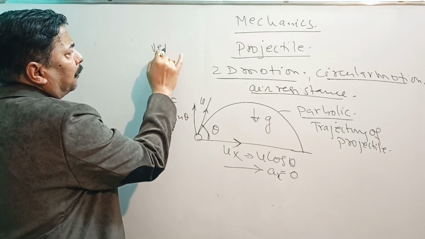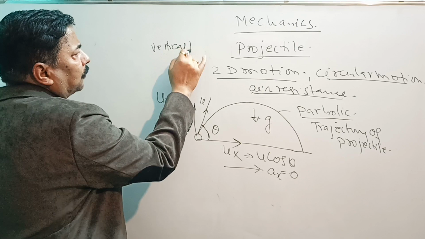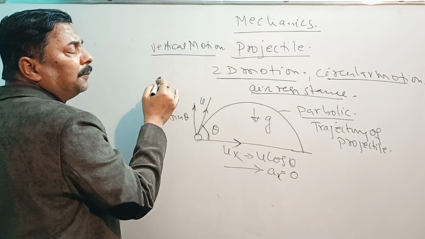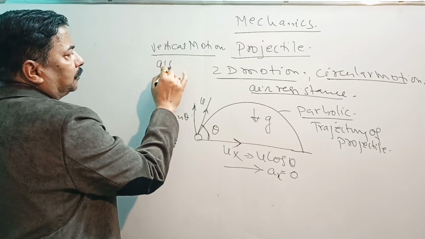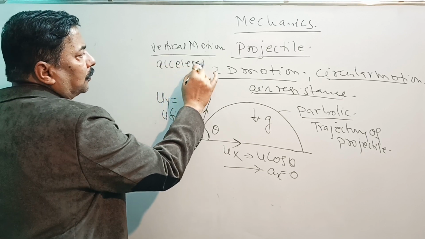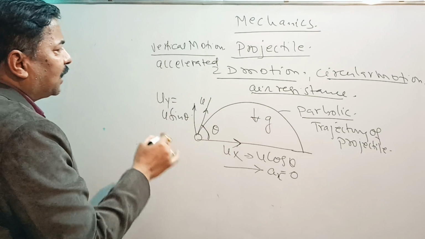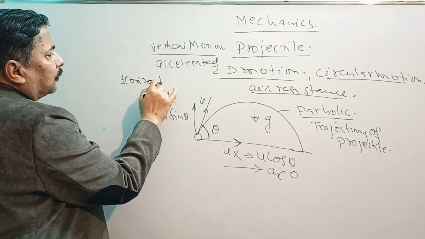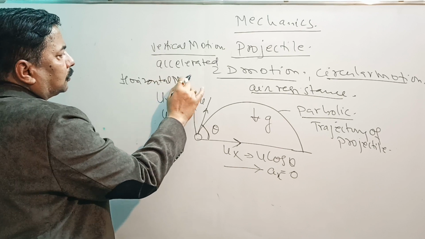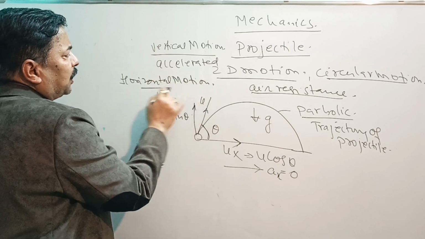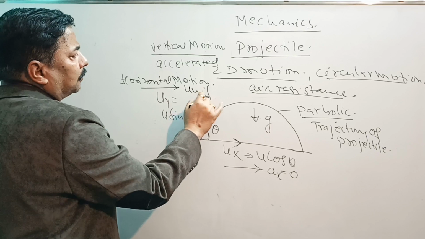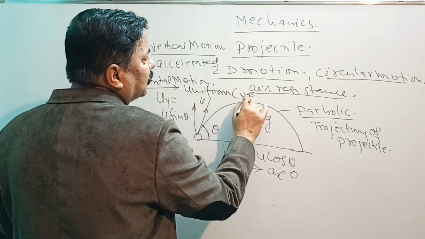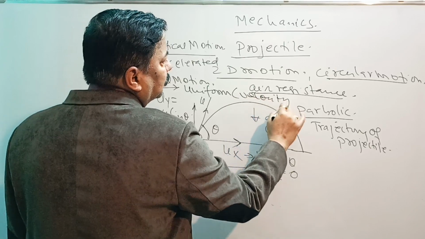One is the vertical motion, and this vertical motion is accelerated. And second is the horizontal motion, which is uniform in nature. That means velocity constant.